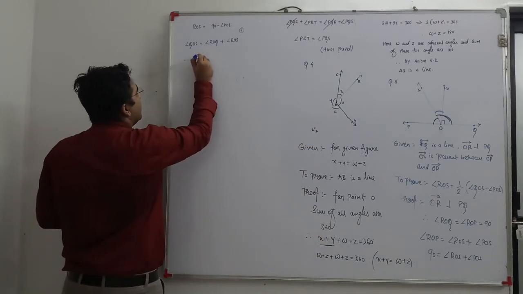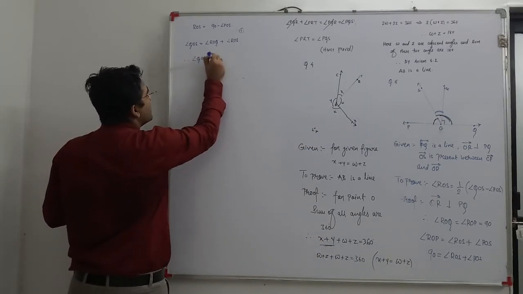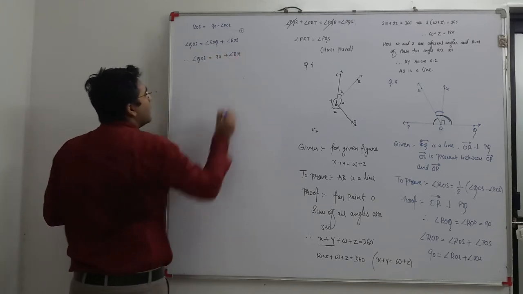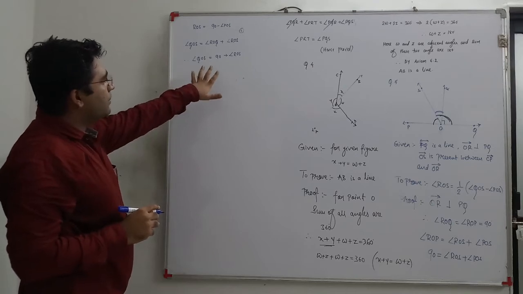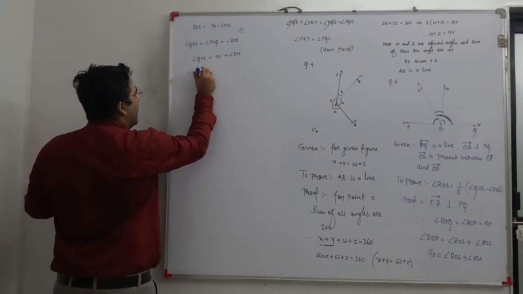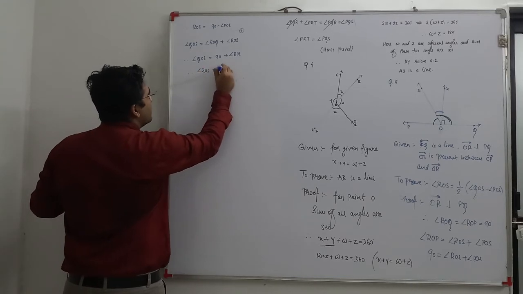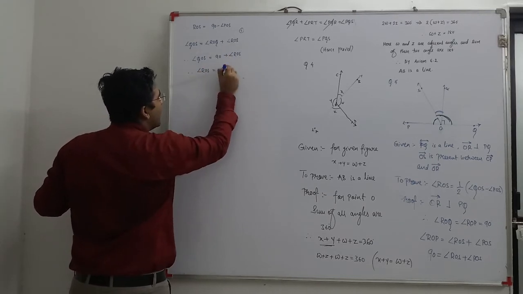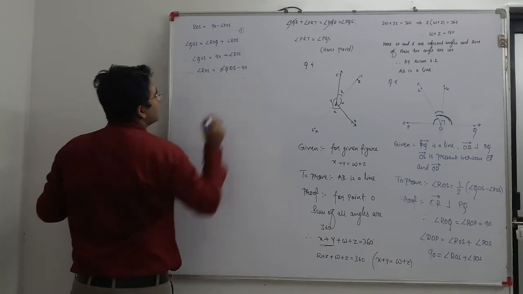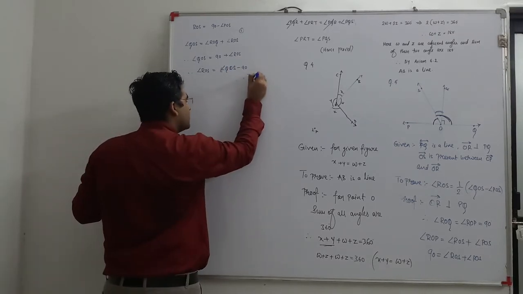Therefore angle QOS is equal to 90 plus angle ROS. Now here I also need to make it in terms of ROS. Therefore angle ROS is equal to angle QOS minus 90 degrees. This is my second part.